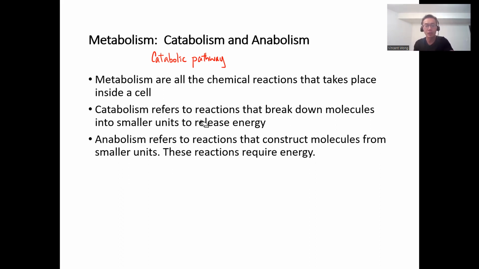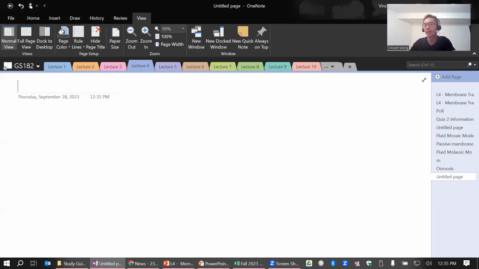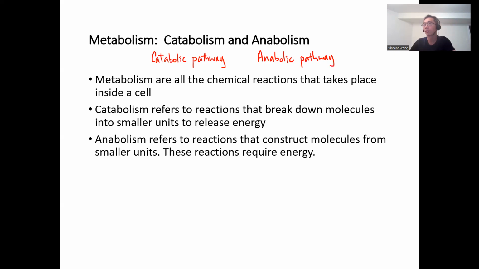And so energy is going to be released. On the other hand, when you are building molecules, that's called anabolism, right? Or we say it belongs to the anabolic pathway. Building things takes energy. It requires effort. It requires time and investment to build things.